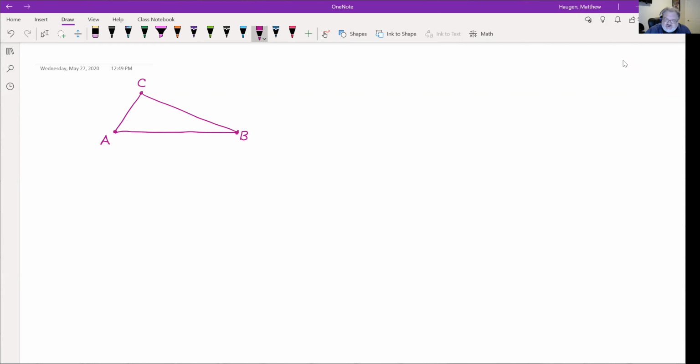And for triangles, it's really common to label the side opposite a particular vertex or angle with the lowercase letter that corresponds. So this angle A is opposite that side a, this angle B being opposite side b, and angle C, where that's a capital C, is opposite side lowercase c.